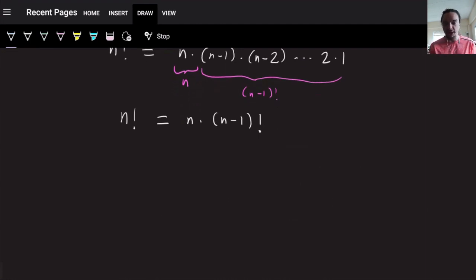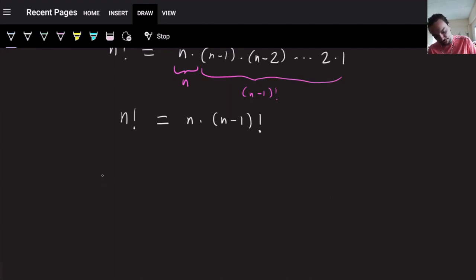As long as we know what the factorial does at 0 or at 1, then we can use this formula to go from 1 to 2, from 2 to 3, and so on and so forth. This is called induction. So for example, using this formula, let's try to understand what the factorial of 0 should be.